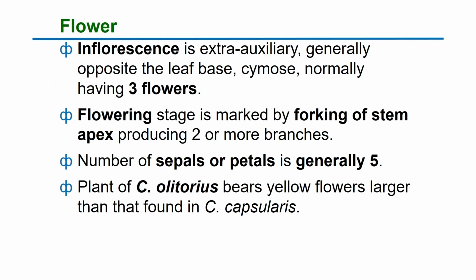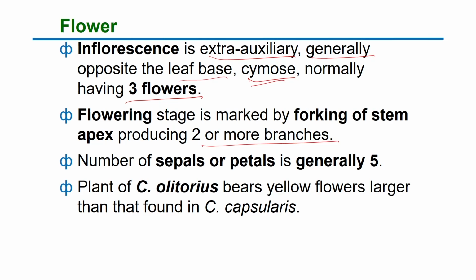Flower. Inflorescence is extra-axillary, generally opposite to the leaf base. Cymose type of inflorescence is there, normally having 3 flowers. Flowering stage is marked by forking of the stem apex producing 2 or more branches. Number of sepals or petals is generally 5.